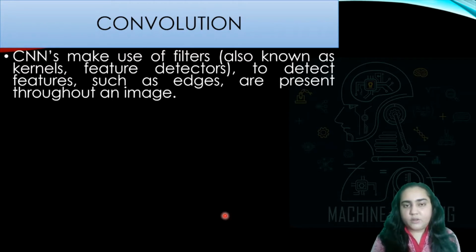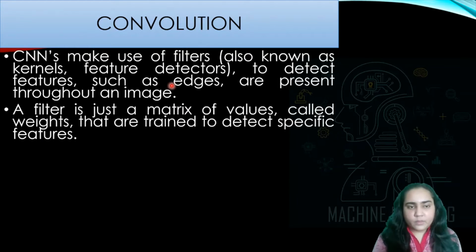So CNNs also make use of filters. Filters are also known as kernels or feature detectors, which detect features, which we just saw, edges and lines and all that. And a filter is just a matrix of values called weights that are trained to detect specific features. So if you wanted to search for edges, then you could do that with a filter.